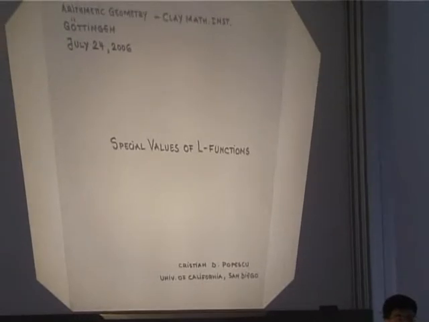I give you an object of arithmetic geometric nature, and this object is most of the time a scheme of some sort over a global field that is either a number field or a function field over a finite field.